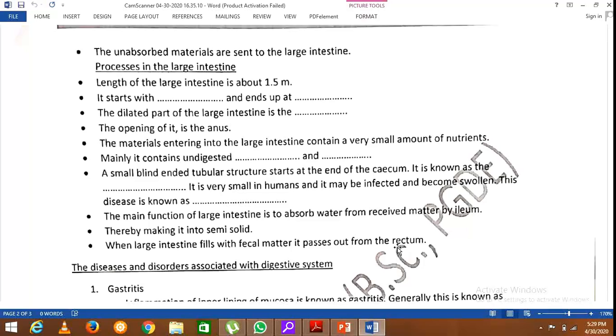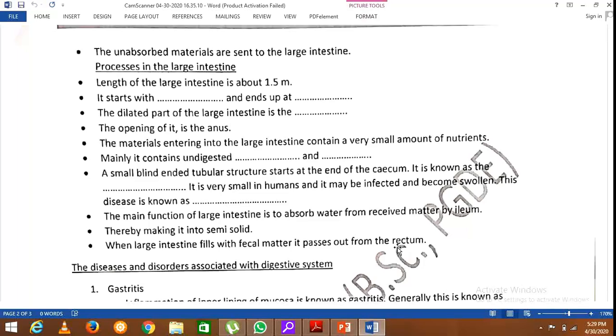Now you have gained a clear idea about the structure and function of the human digestive system. Starting from the buccal cavity, we discussed the pharynx, the esophagus, the stomach, and then the small intestine, with digestion taking place inside the buccal cavity, the stomach, and finally the small intestine.